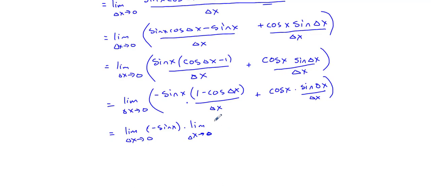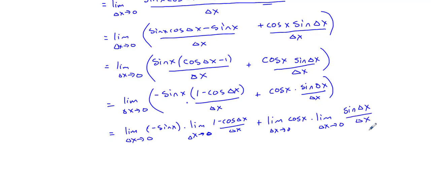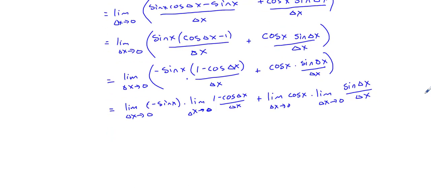What am I doing there? 1 minus cosine delta x, plus the limit as delta x goes to 0 of cosine x times the limit as delta x goes to 0. Now, will you ever have to reproduce this on an AP test? Probably not. But it's kind of nice in these advanced math classes, you get to sit through this a little bit.